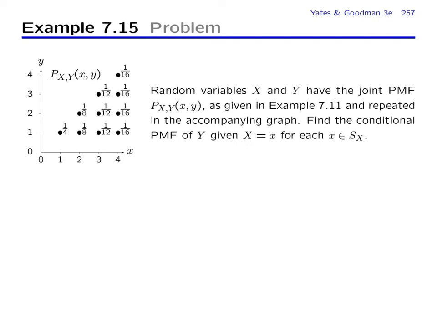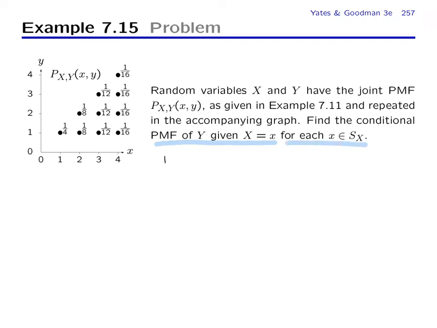Returning to the lower triangular joint PMF of X and Y that we've seen before, this example asks us to find the PMF of Y given X is little x for each little x.